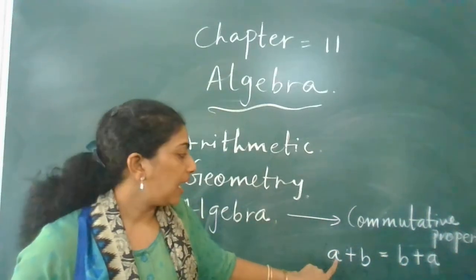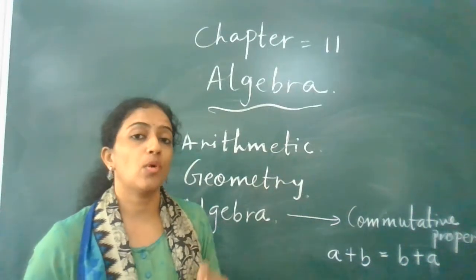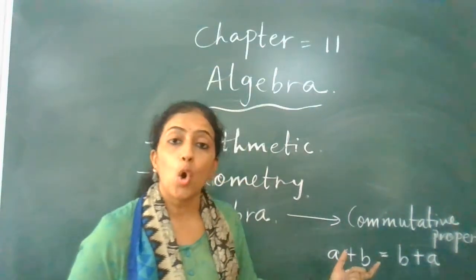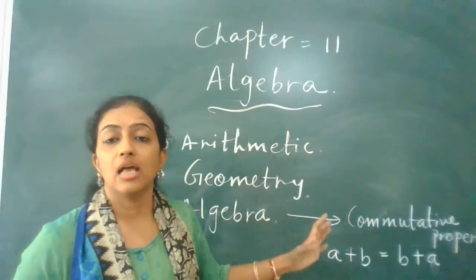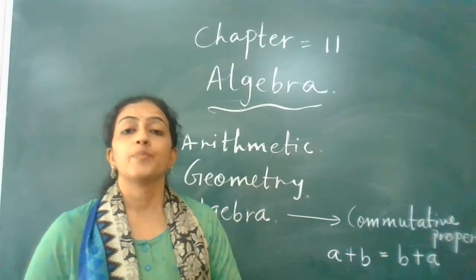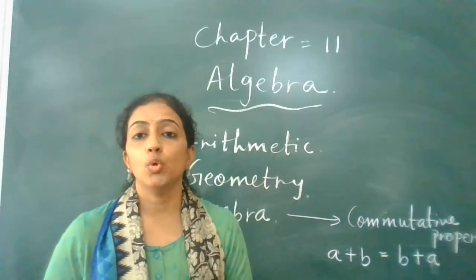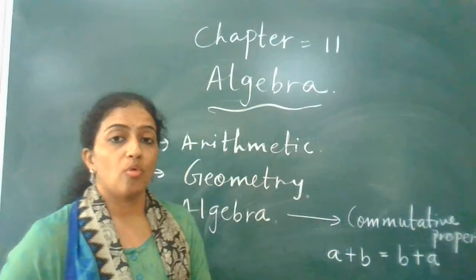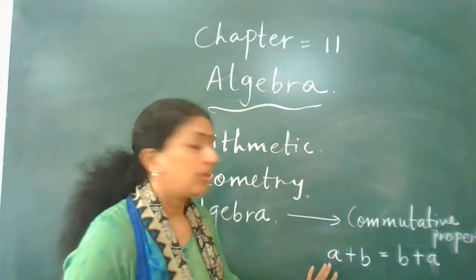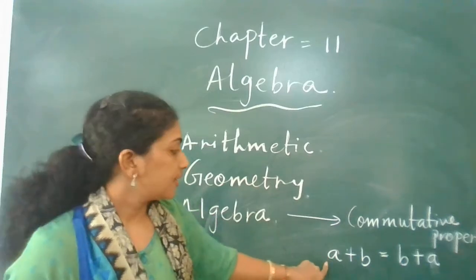Then we call these alphabets variables. So what we are using as an option of numbers, these alphabets can be called variables. Why do we call them variables? Variables means whose value varies, whose value is not fixed. So when you are using small letter alphabets, those small letters are called variables.